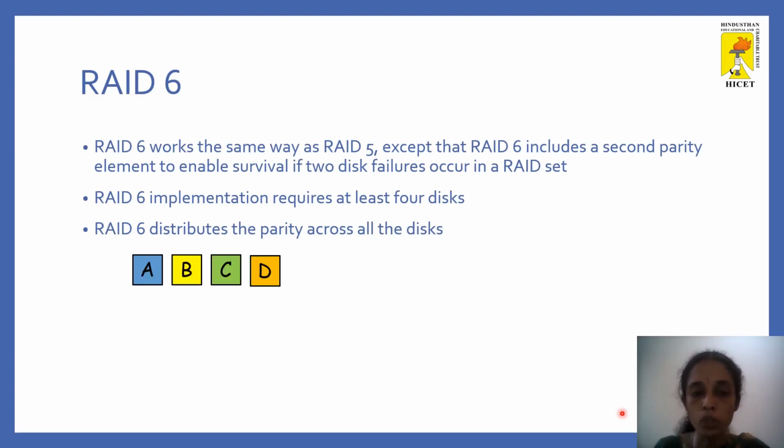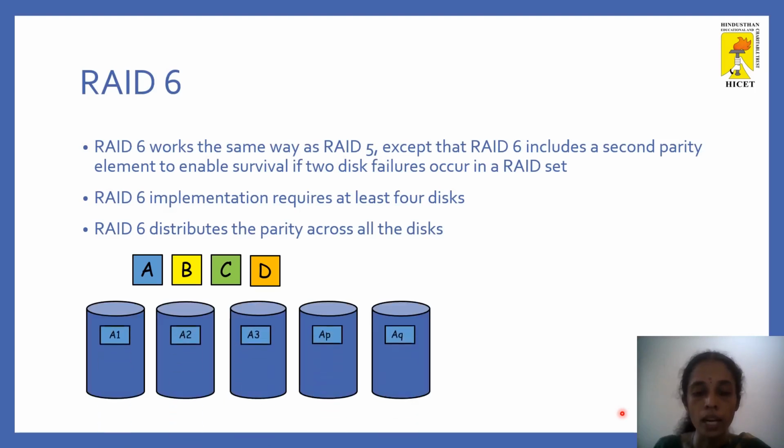Here you have the data, and then you will have a second parity element. So AP is for A data, and AQ is also for A data. So you have 2 parity bits instead of 1 as we used in RAID 5. Similarly for B, you will have BP and BQ.